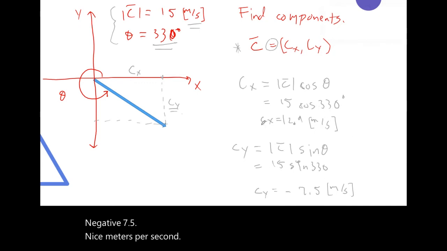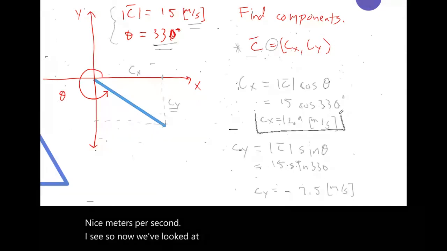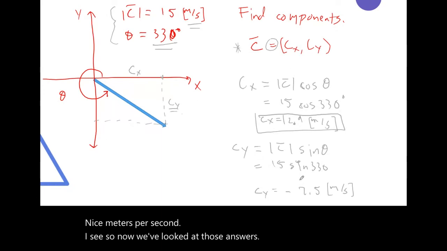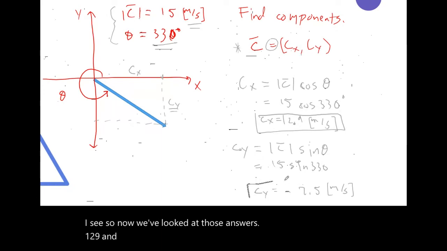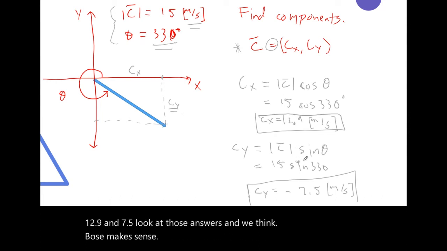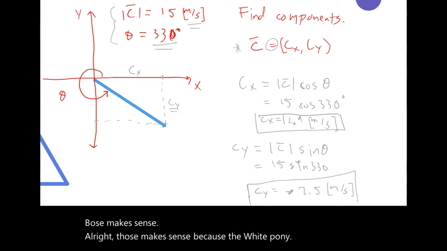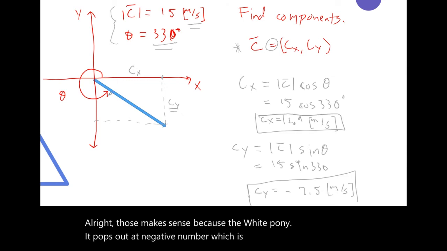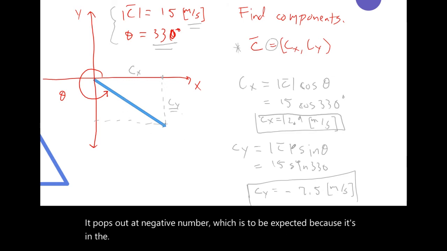And see, now we look at those answers, 12.9 and 7.5, and we think, well, those make sense. Those make sense because the y component pops out a negative number, which is to be expected because it's in the fourth quadrant over here.